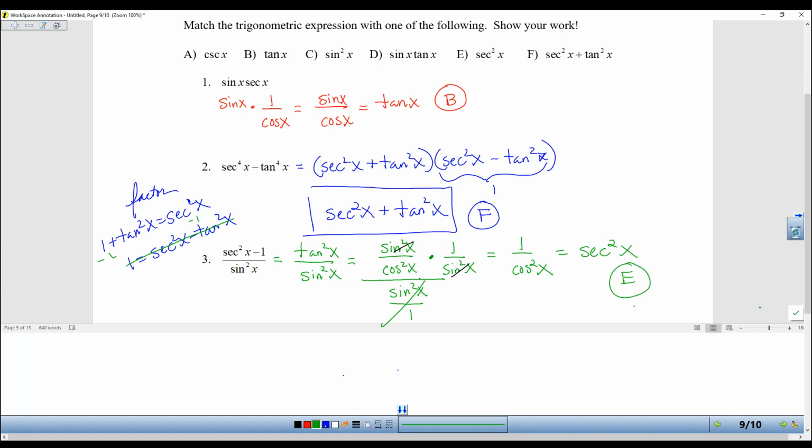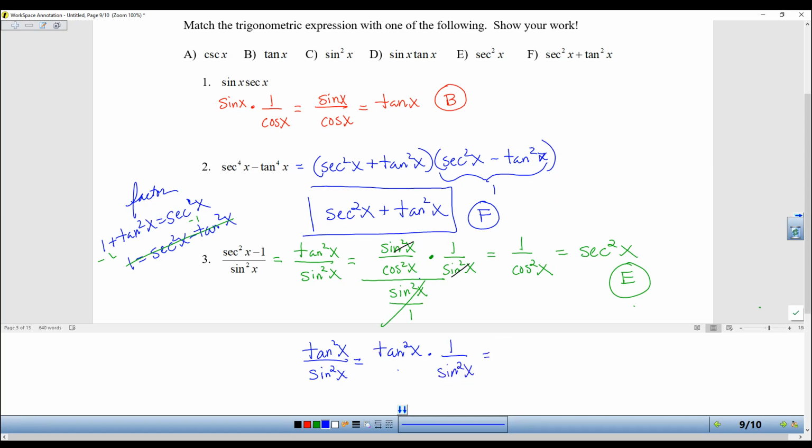Now, some people are really bad at the whole keep, change, flip. The fractions on top of fractions are just nightmarish. So instead, another alternative is to separate them. So move the tangent off to the side, and this is just times 1 over sine squared.